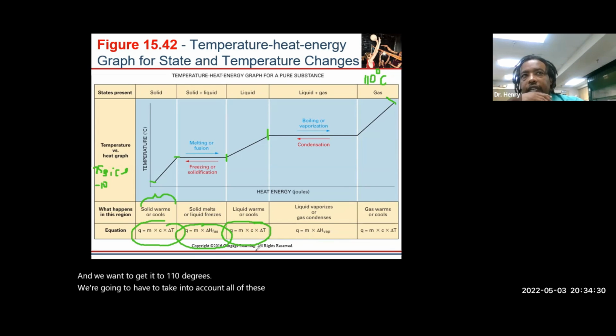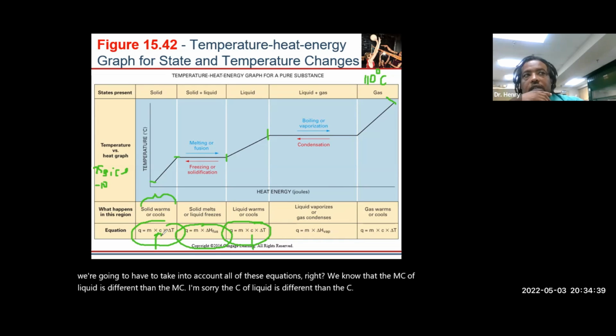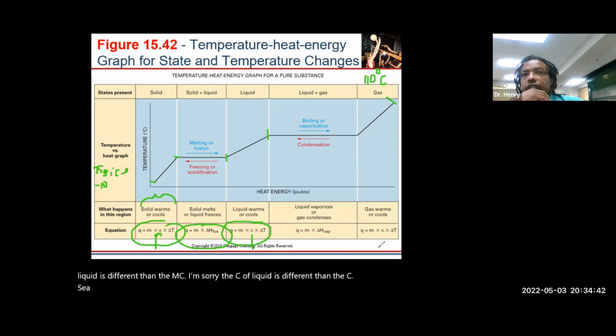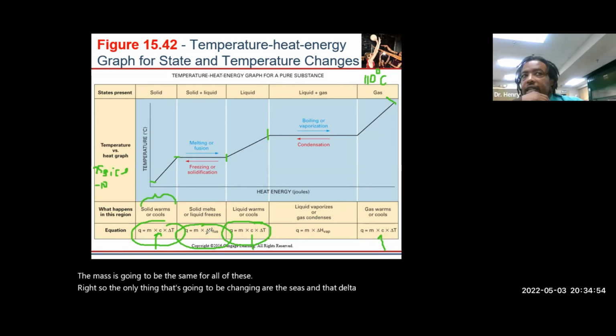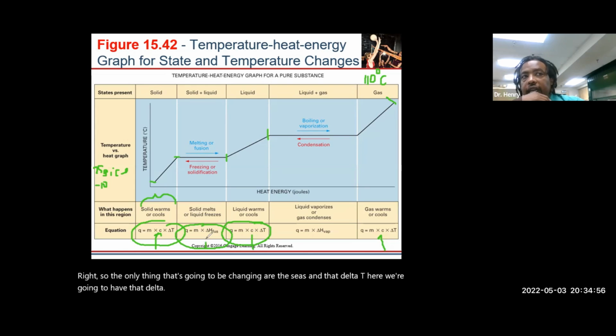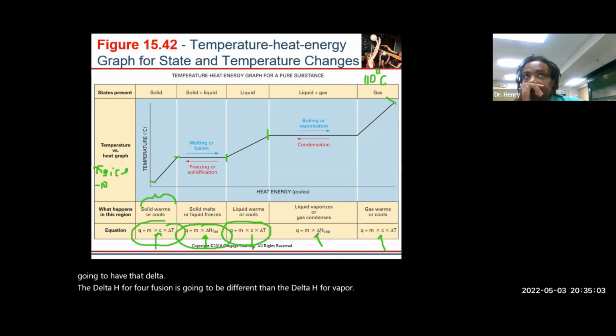We know that the C of liquid is different than the C of a solid, which is different than the C of gas. The mass is going to be the same for all of these, so the only things that are going to be changing are the C's and that delta T. Here we're going to have that delta H. The delta H for fusion is going to be different than the delta H for vapor.